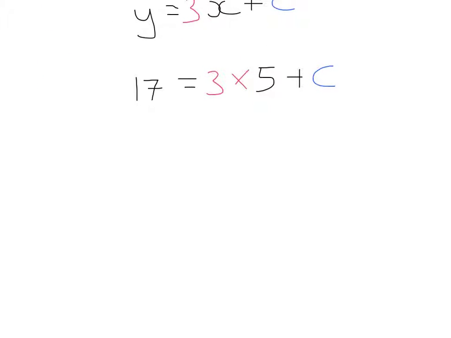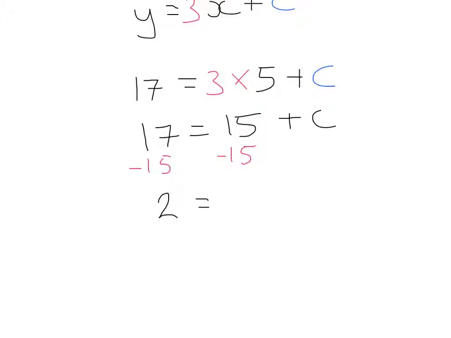So first of all, I'm just going to evaluate 3 times 5, that's 15. And then next step, I'm going to subtract 15 from both sides. That's going to cancel out the 15 on the right hand side and reduce that to nothing. And on the left hand side, I'm going to have 2.